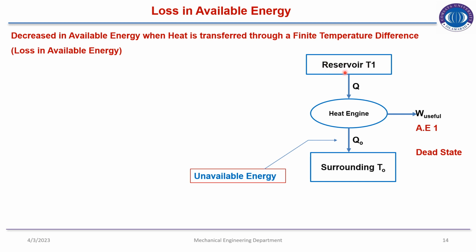Here a reservoir at T1 is shown and Q amount of energy enters the heat engine. W useful is the amount of work produced by the heat engine, that is the available energy AE1, and Q naught is the amount of unavailable energy, the heat rejected from the heat engine into the surroundings, that is at the dead state.